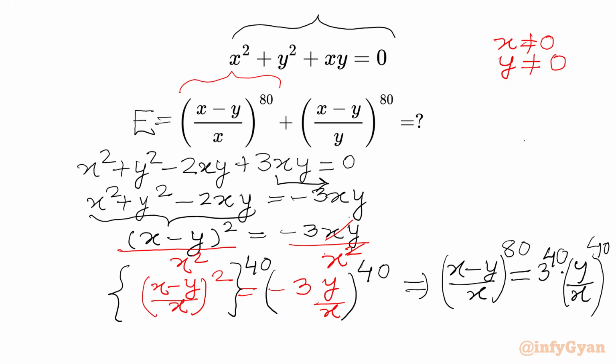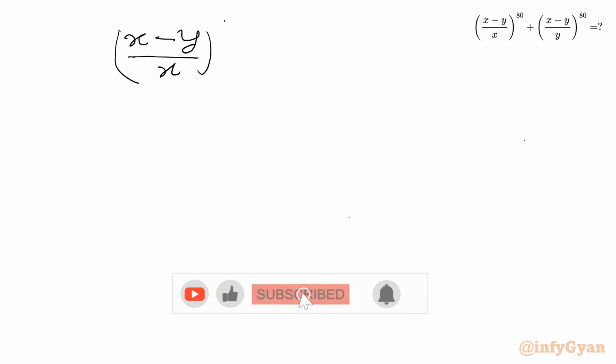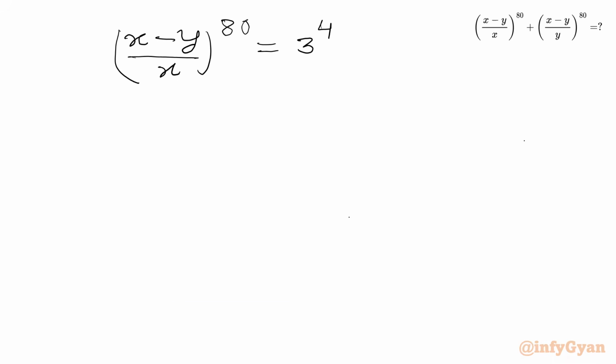Let me write here: ((x minus y) over x) whole power 80 is equal to 3 power 40 times (y over x) whole power 40.